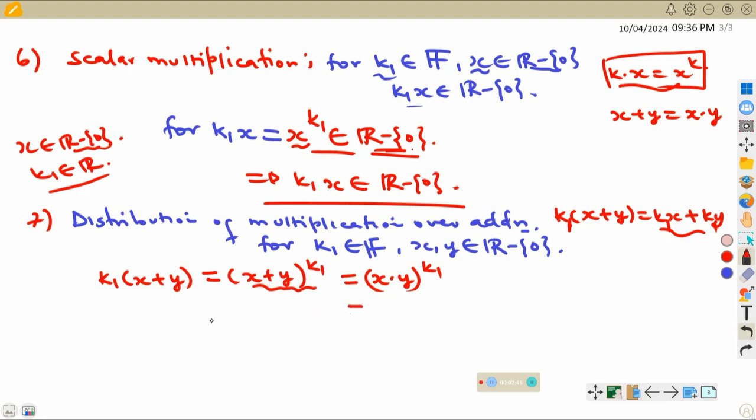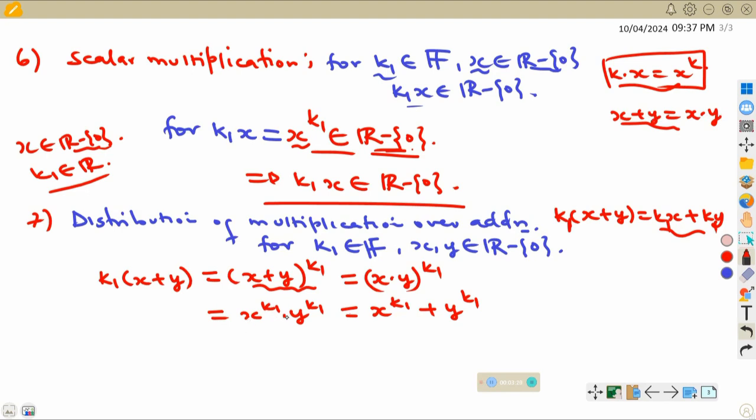So we know that, with multiplication here, this is the same as x to the power of k1 times y to the power of k1 when we open that bracket. From there, we can still say that this is x to the power k1 plus y to the power k1, by this definition again: if you have x times y, it is the same as x plus y.